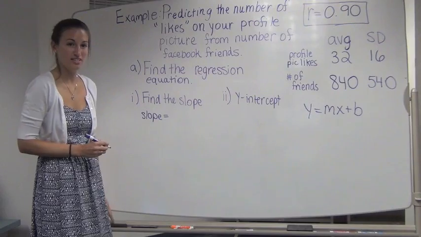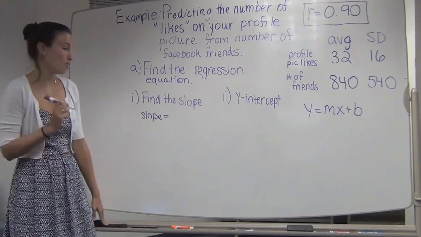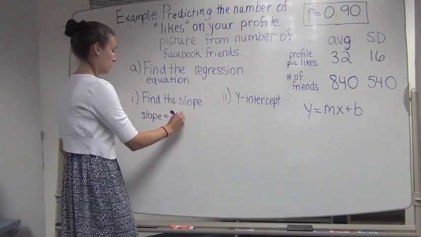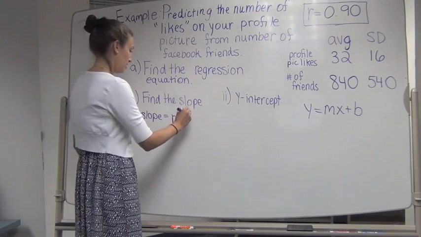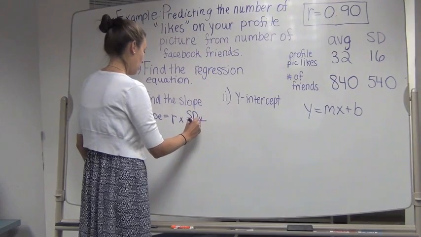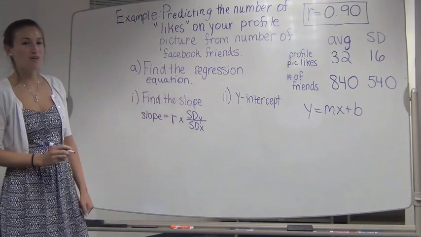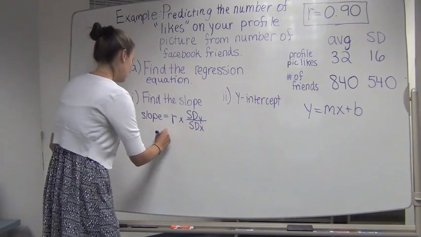Y over X, because we predict Y. So we have R times, like you said, SD of Y over SD of X. So our correlation coefficient is 0.9.